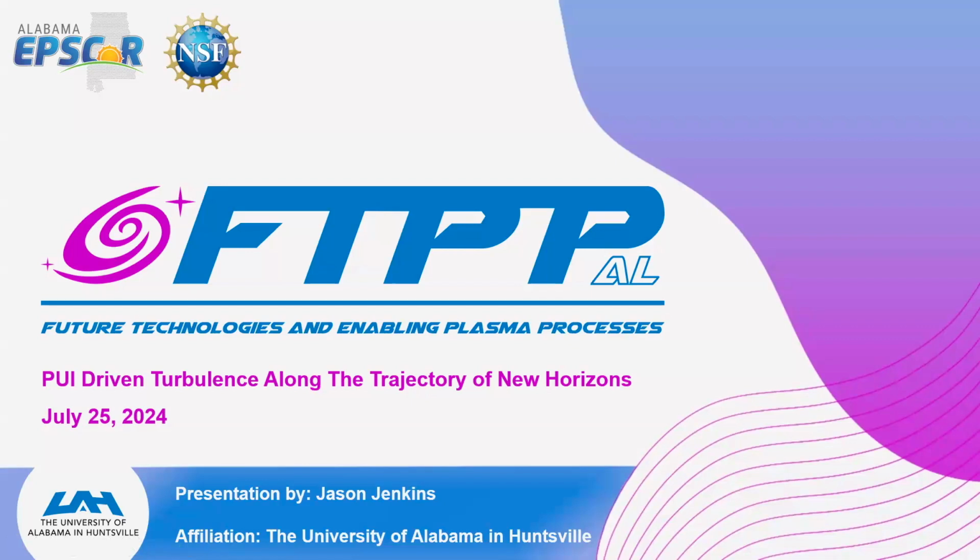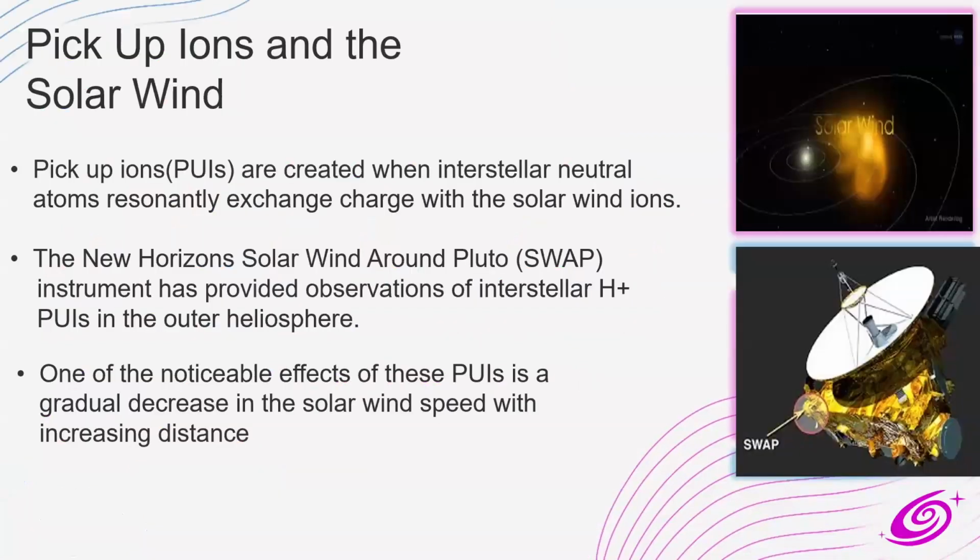And so what we worked with is the pickup ions and solar wind. Pickup ions are created when interstellar neutral atoms resonantly exchange charge with the solar wind. The New Horizons Solar Wind Around Pluto instrument, SWAP, has provided observations of interstellar hydrogen pickup ions in the outer heliosphere.